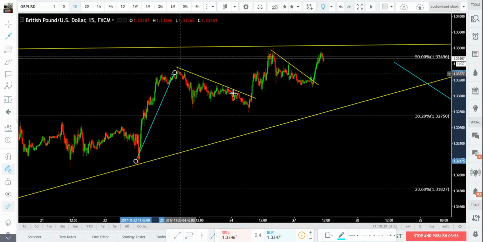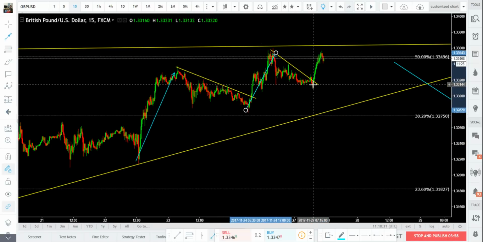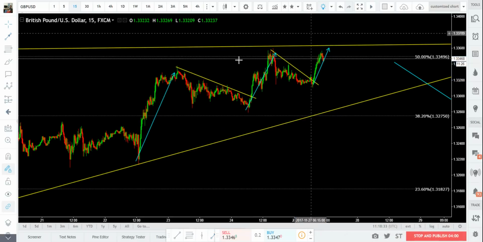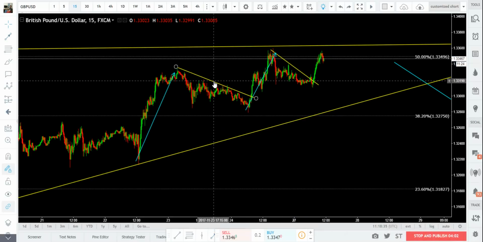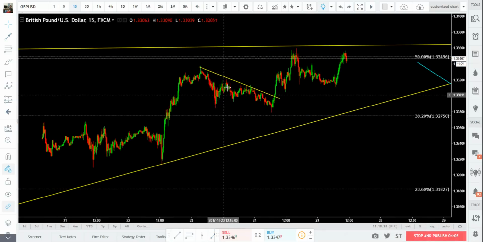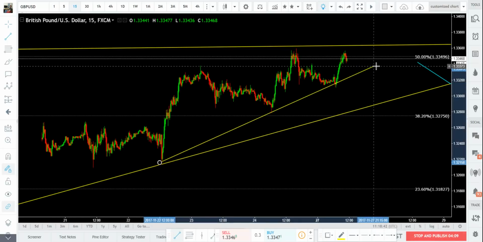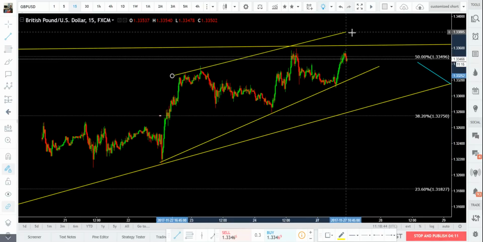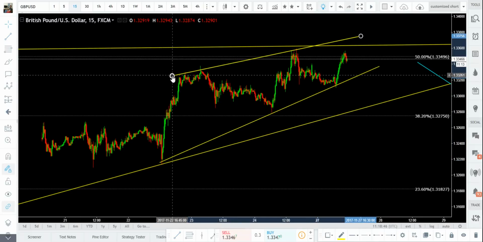You can see an impulsive move, another impulsive move, another impulsive move appearing over there. What formation are we having? Something like that, a wedge.